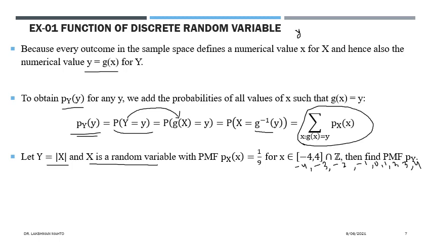I told you that x is given with this distribution, probability mass function, and x is observing these 9 values: -4, -3, -2, -1, 0, 1, 2, 3, 4. Now tell me what kind of value y will observe. Now y we are defining as a function of x, that one is mod x. Then just anyone try to answer it. It is a very simple kind of function. So what kind of value is y observing?